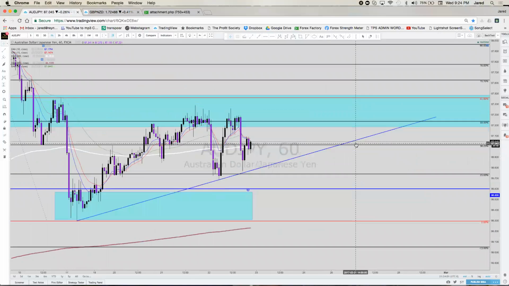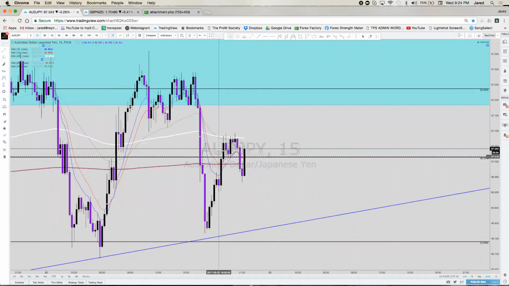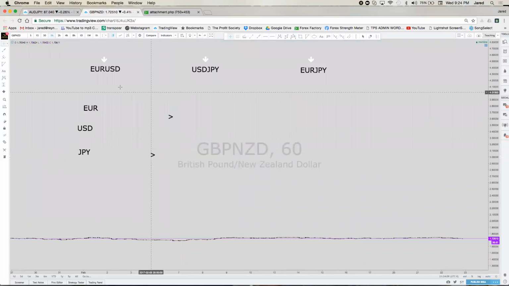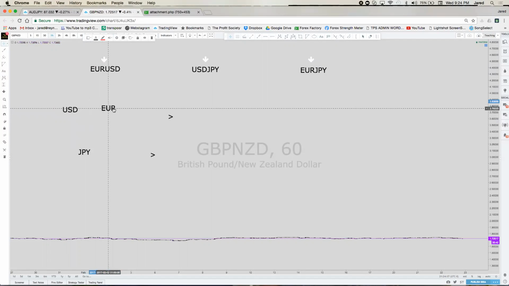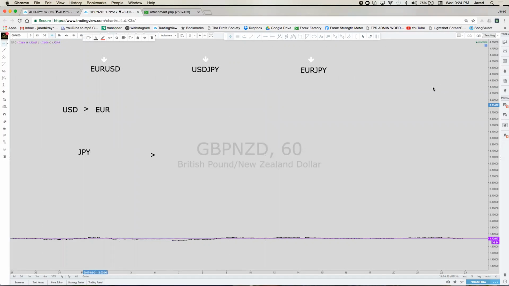Sorry, let me see this real quick. Man, this pair is tripping. Cool. Controls the directional bias of a currency, right? So if the euro is weaker than the US dollar, then the US dollar is obviously greater at this point than the euro. Would everybody agree with this statement? You almost have to think like math right now.